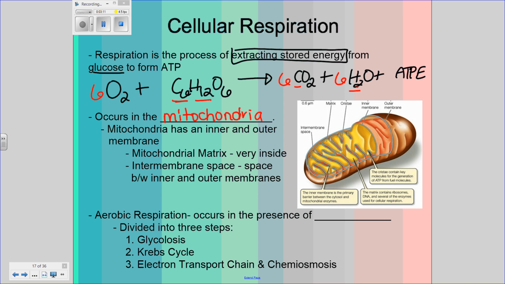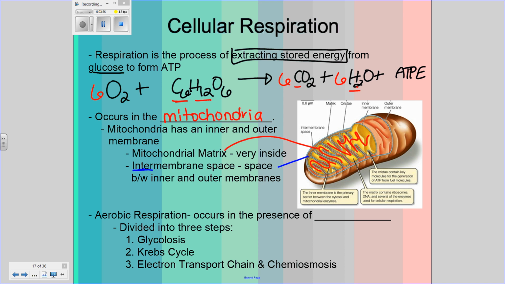Now, the mitochondrial matrix is this spot right here. It's that very, very interior on the inside of the squiggly membrane. That's going to be the mitochondrial matrix. Now, the intermembrane space, just like it says, inter meaning between, is that space between the inner and outer membranes.